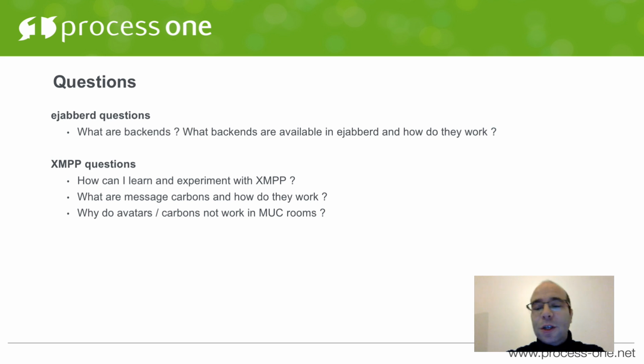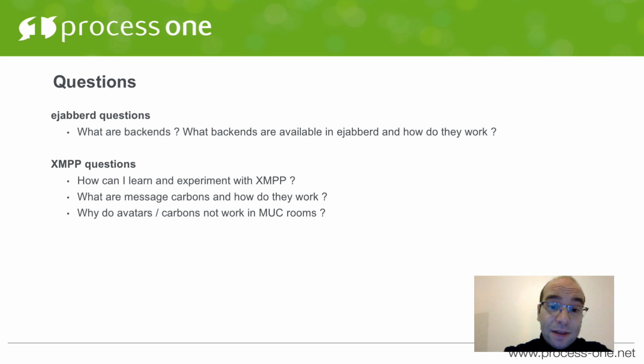And the other questions are related to XMPP more generally. So I've been asked, how do you learn? How do you experiment with XMPP? What is the proper way to get into the protocol? So this is something which I will be trying to help you with. And the second question is very specific. It's about message carbons.